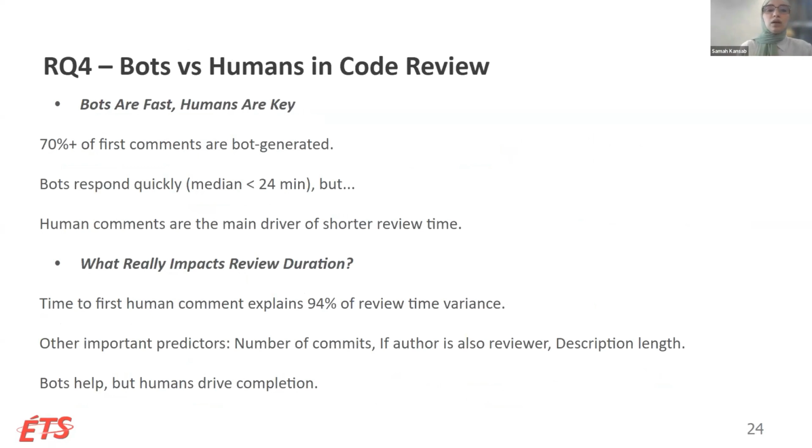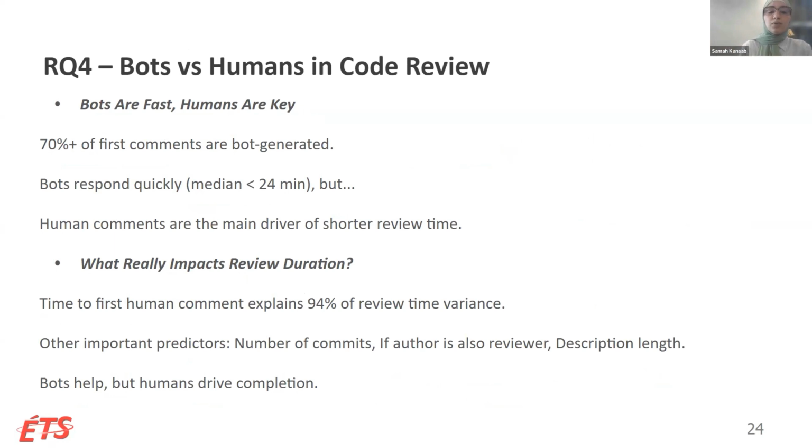Finally, we move to the fourth research question, which is bots compared with humans in code review. So we analyzed the comments received from the bots, the automated ones, and compared them with the comments received from humans.